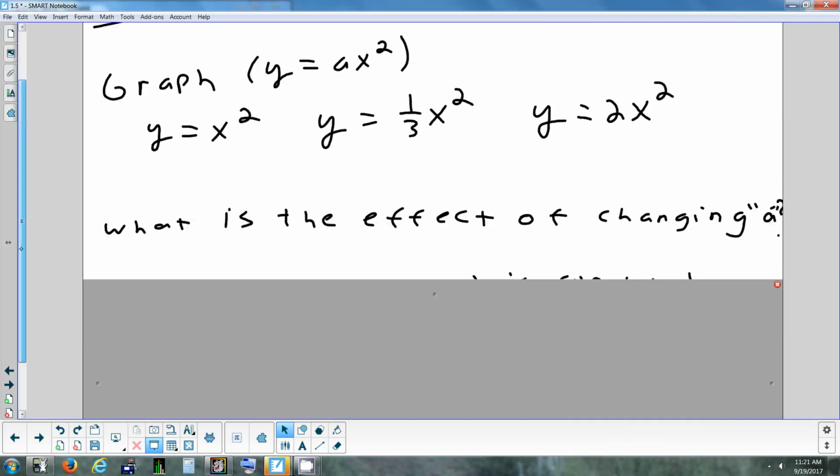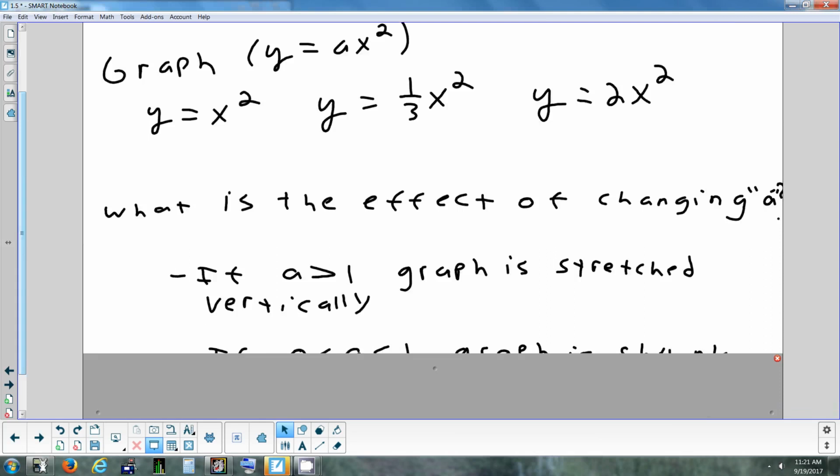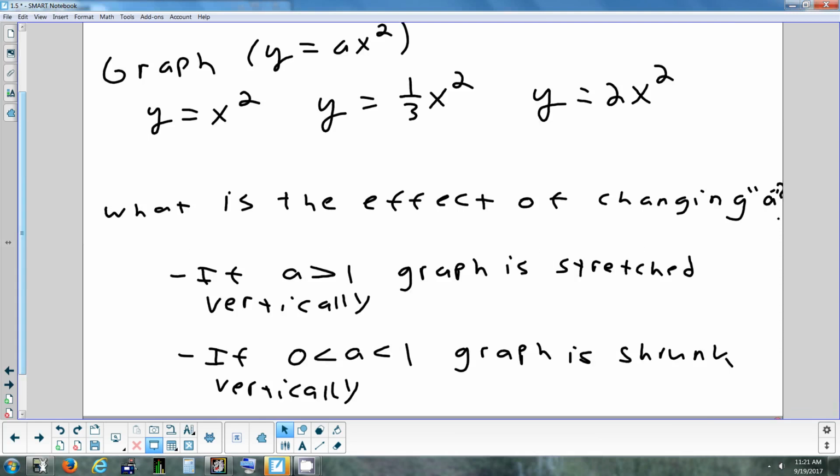All right, so what is the effect of changing a? Basically summarized right here. If a is greater than 1, it's going to stretch the graph vertically. If a is between 0 and 1, it's going to compress the graph or shrink the graph, however you want to say it.